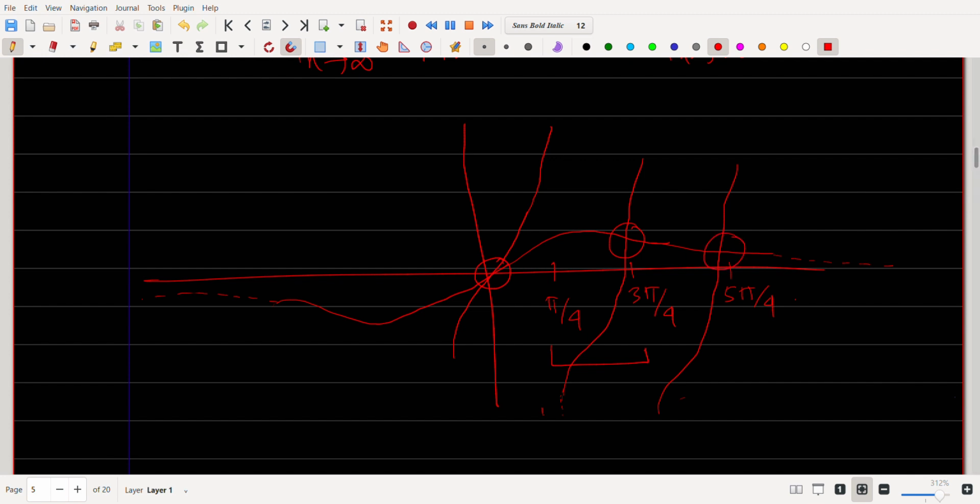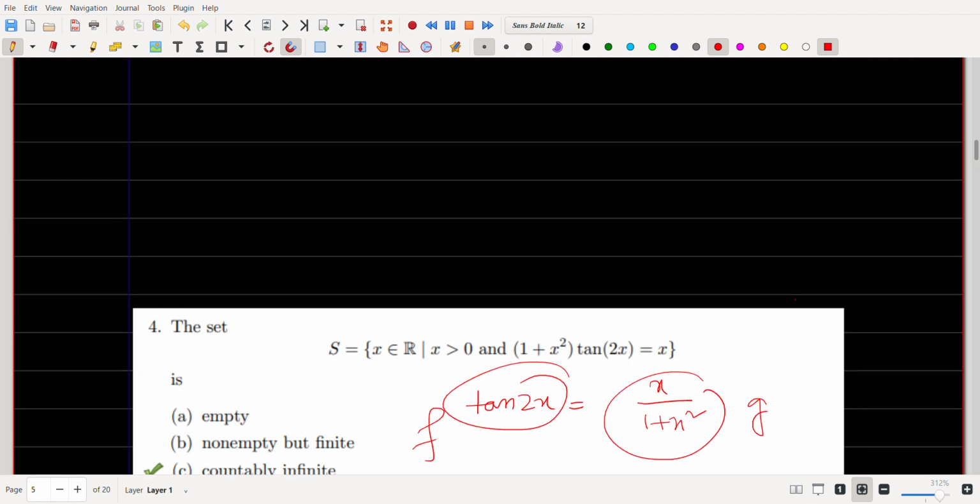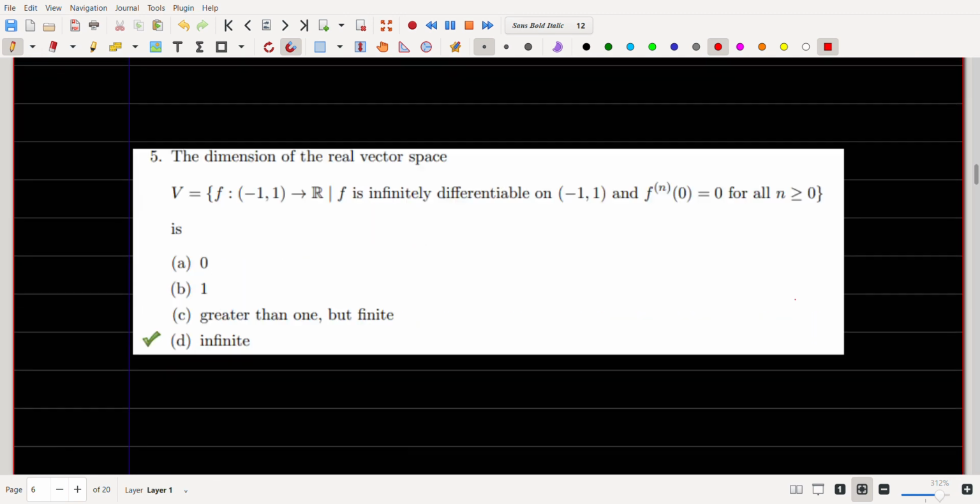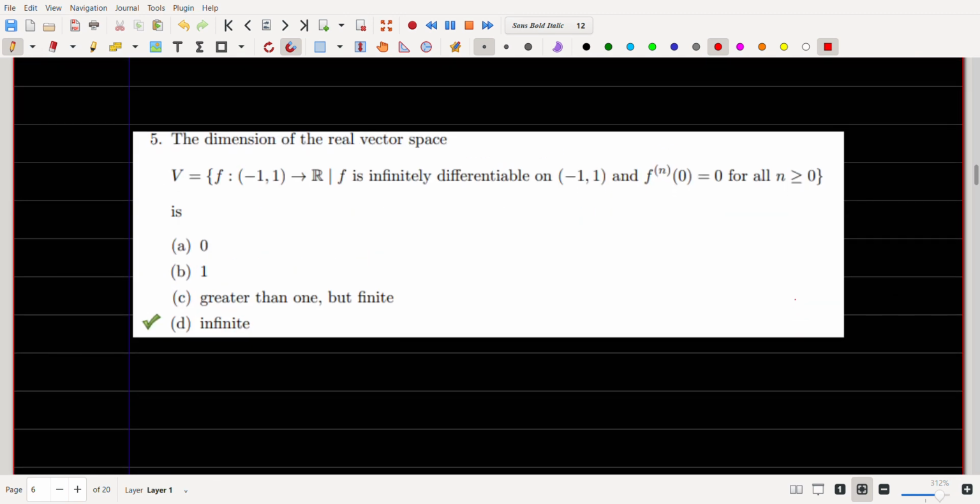So on each interval from (2k plus 1) times pi by 4 to (2k plus 3) times pi by 4, in between you have these two functions having a common solution, right? So that's why this is countably infinite. Fine.